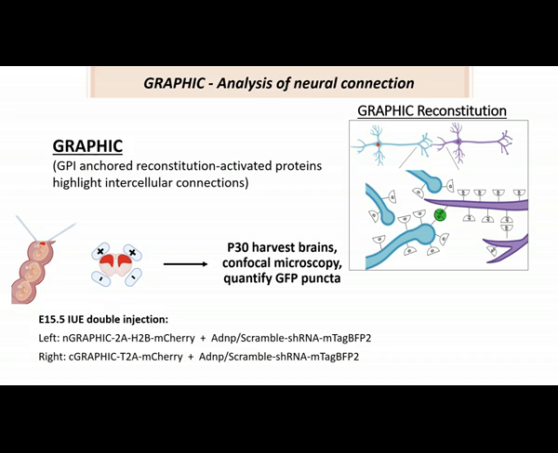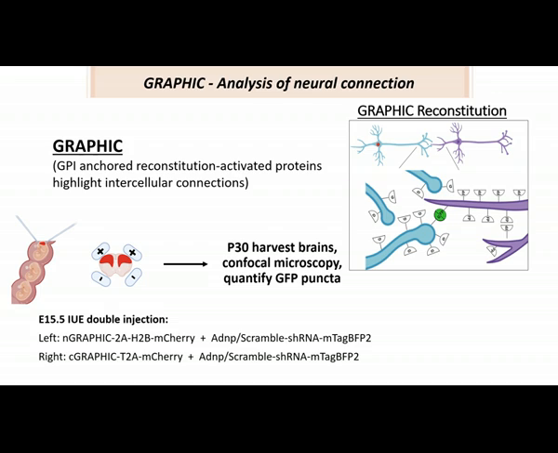We used in utero electroporation using two groups of plasmids and injected them into two cortical hemispheres. One includes N-GRASP plasmid coding for N-terminal GFP and H2B mCherry tag, plus shRNA plasmid with BFP tag.